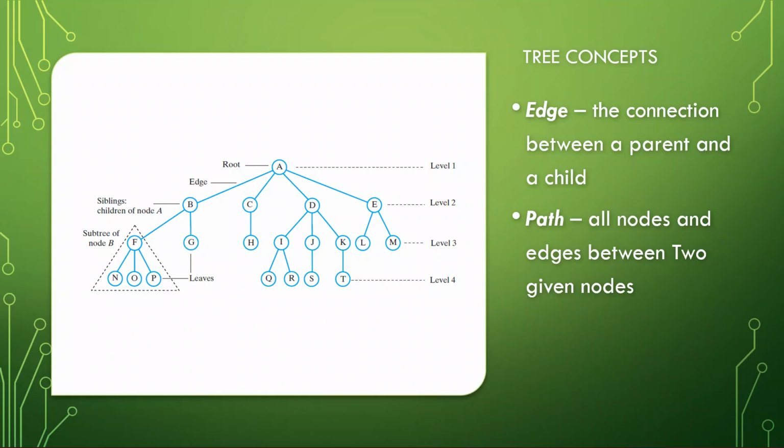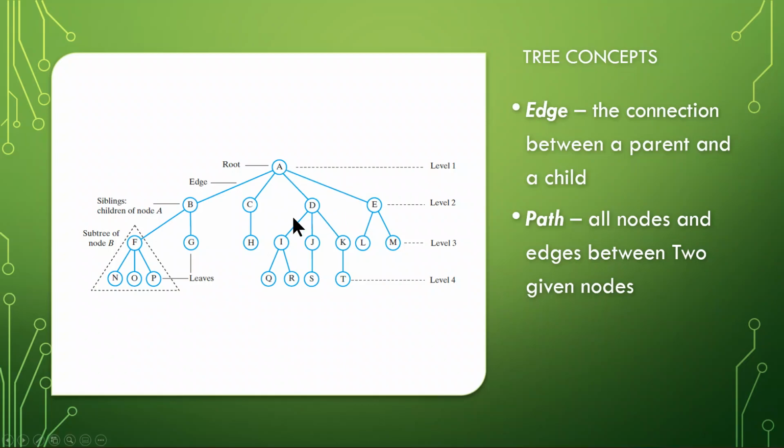An edge is the connection between a parent and a child. So visualized here as the actual line, we refer to that as the edge. And now a path is all nodes and edges between two given nodes, to get to a point. Before, when we had a linear structure, there really was only the one path: the first one connects to the next afterwards.